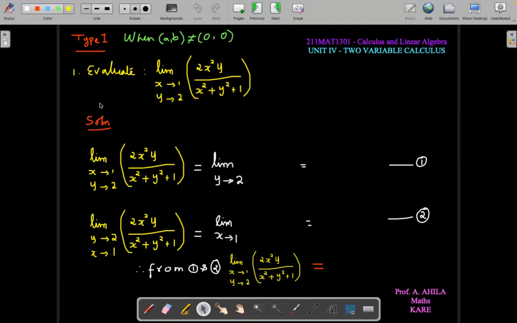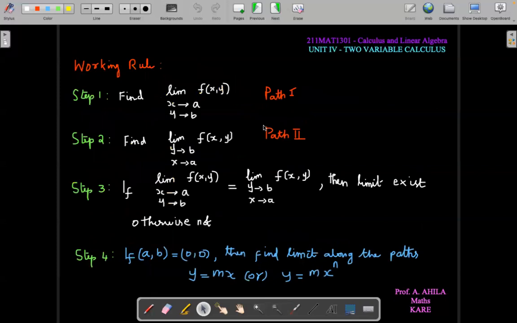The type 1 problems are when a comma b is not equal to 0 comma 0. That means when the point is not the origin. This is a very simple problem. If you look into the working rule, up to this step, the a comma b not equal to 0 condition. If a comma b equals 0, then only we need to find for y equal to mx and y equal to mx power n.